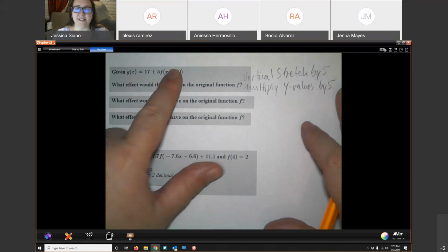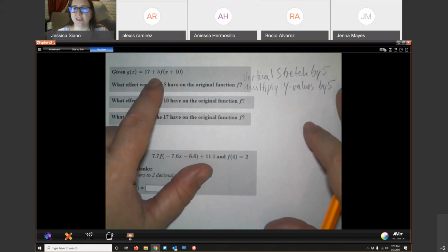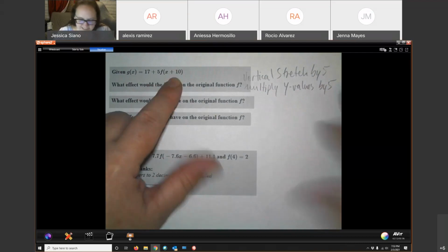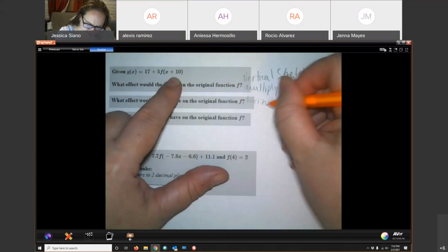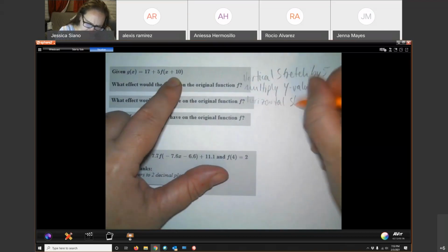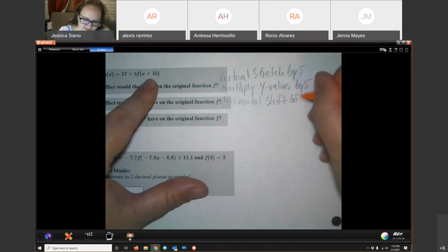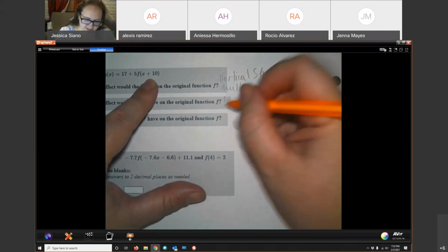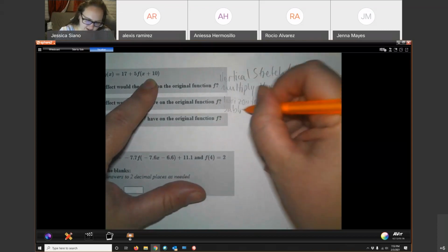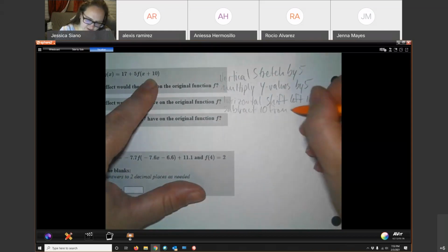Now the 10 is on the inside and it's being added. So the reason why this was a stretch is because it's being multiplied. Since the 10 is being added, it's a shift. And a +10 shifts left 10. And so then what that would do would be to subtract 10 from all of your x values.